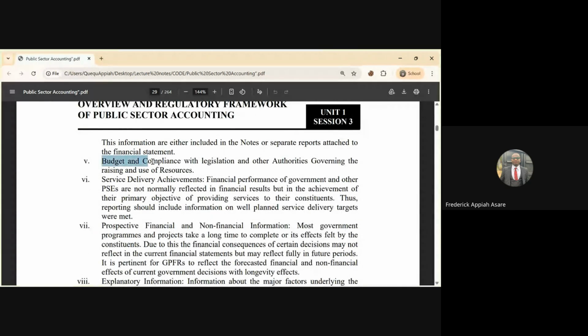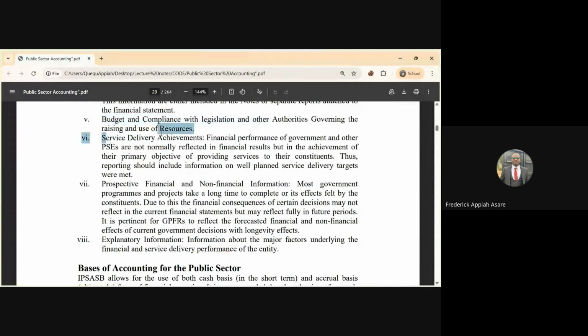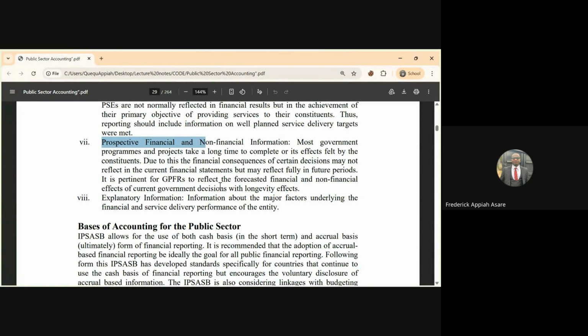We also prepare budgets and compliance with legislation. They provide service delivery achievements. They provide prospective financial notes. So all these are some of the information or accounts that general purpose financial reporting provides.